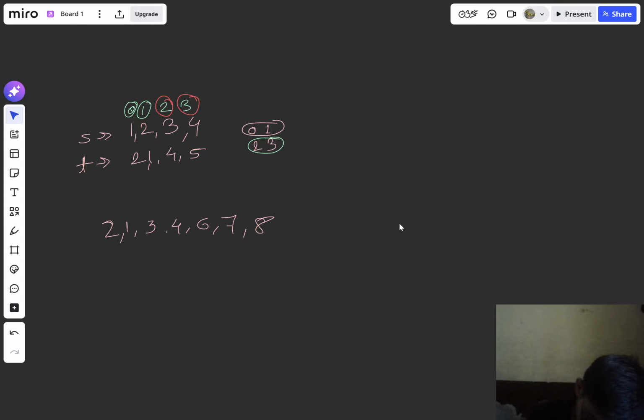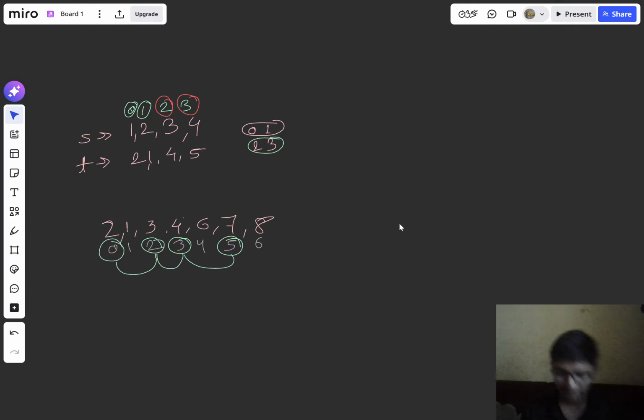These are the indexes 0 1 2 3 4 5 and 6. It is given that we can swap the third index, second index, fifth index and zeroth index. So we can swap 0 to 1, we can swap 0 to 2, 2 to 3 and 3 to 5.